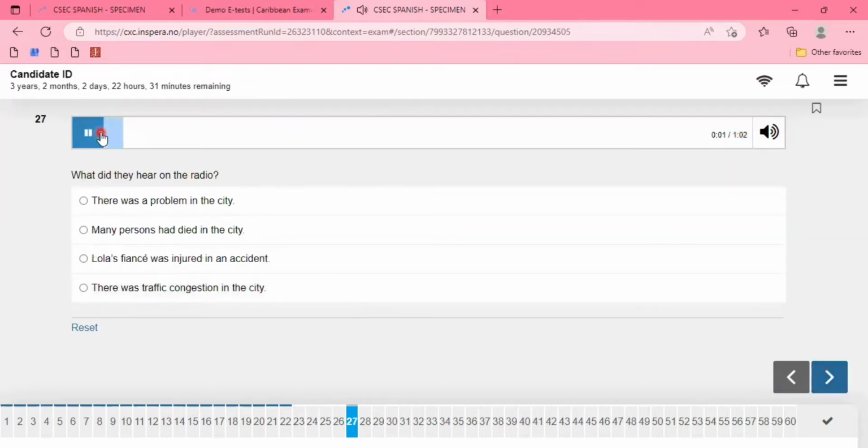Parte B. Ha ocurrido un accidente en el centro de la ciudad, en el cual 3 personas han resultado heridas, y Enrique, el novio de Lola, era una de esas personas. Lola, al escuchar la noticia, perdió el conocimiento y cayó al suelo. Todos estaban confundidos y no sabían qué hacer.